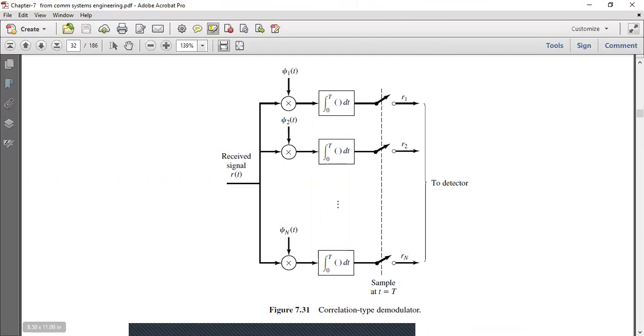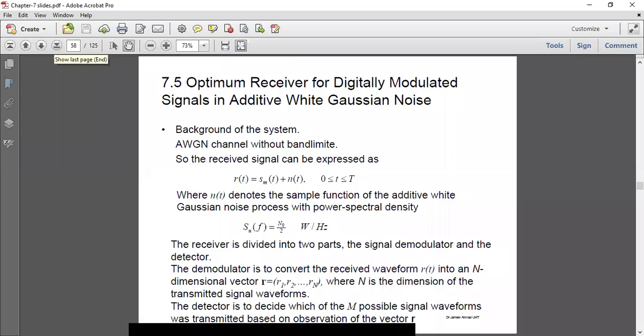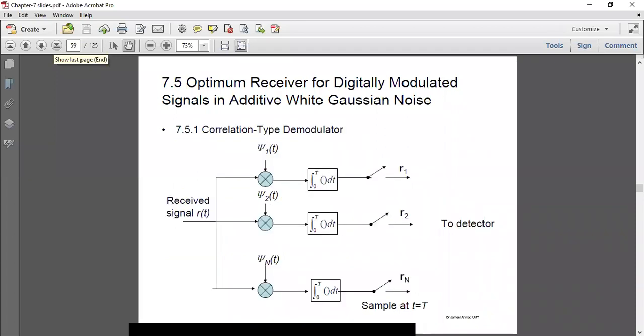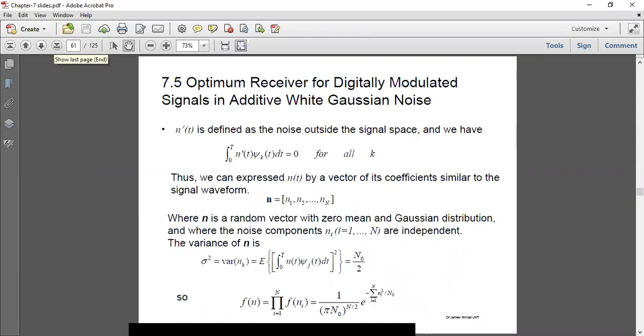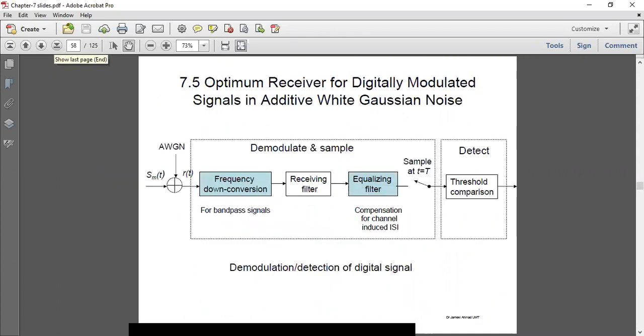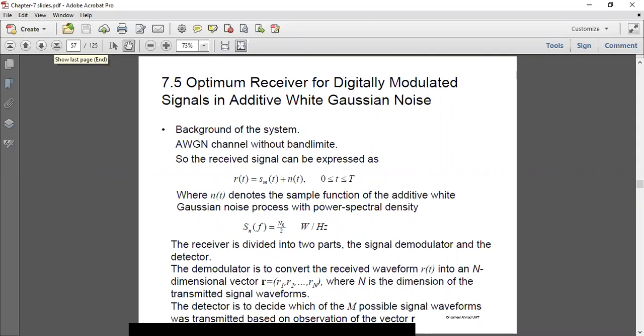So first thing that you should know is, let me show you a diagram from our slides for chapter 7. We have covered slides up to, I think, slide number 56.